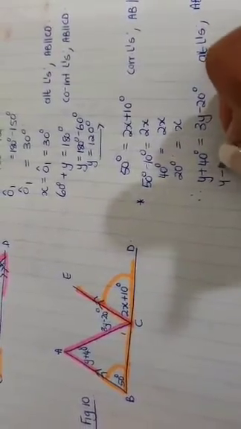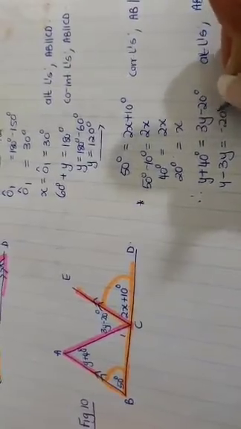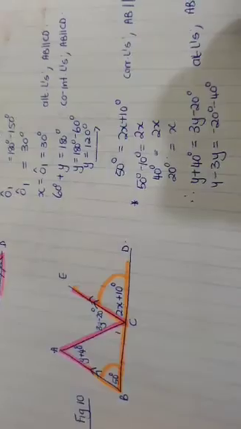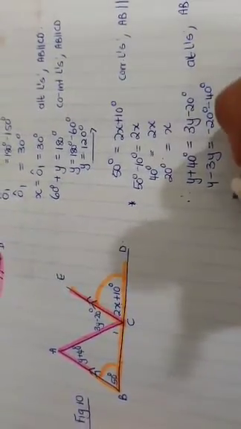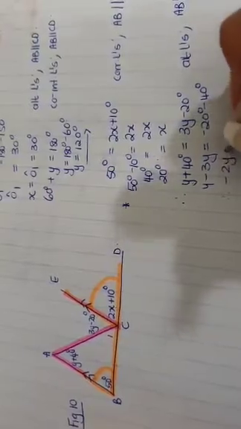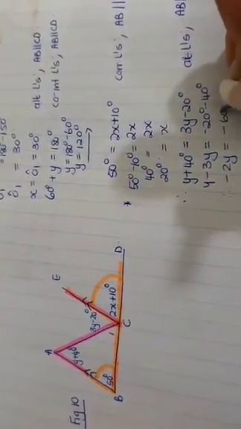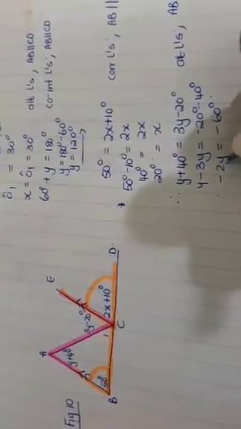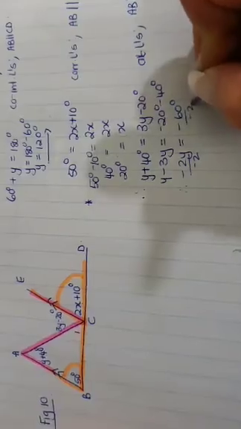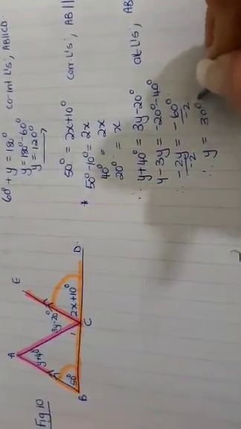But remember, when you cross the equal sign, it changes its value from positive to negative and negative to positive. You then add your like terms. Y minus 3y is negative 2y. Negative 20 minus 40 is negative 60. To get y on its own, you divide by the coefficient of negative 2, and y would equal 30 degrees.